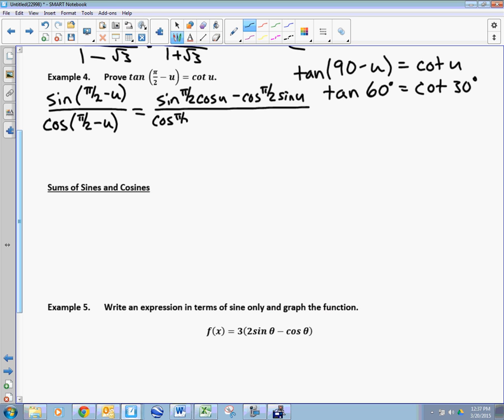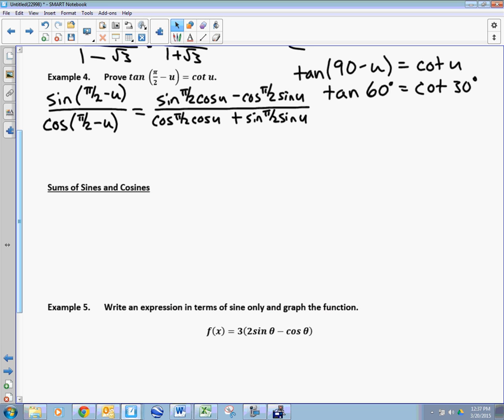Cosine of pi over 2 times cosine of u plus or minus plus... okay. So u is a variable. It tells us what we want for an answer in the end. We want cotangent. That's what we want. But we got to make it work out. So the u's will probably stay, but let's look at the pi over 2 piece.